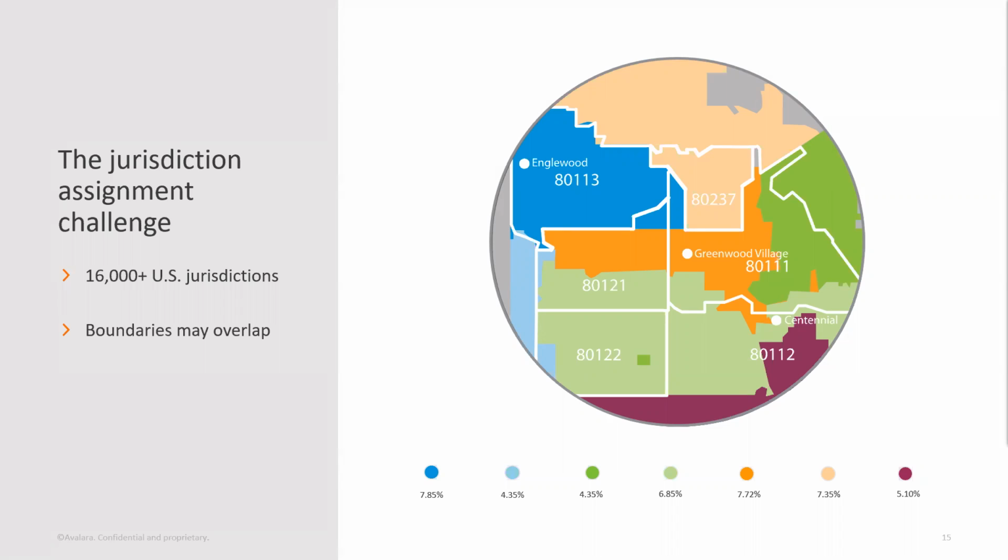80111. It's a zip code in Colorado, and we've got 1, 2, 3, 4, 5 different tax jurisdictions within that same zip code. And there can be all kinds of reasons behind this. One of the biggest ones we see is a transportation tax. I know where I'm at, Raleigh, North Carolina, passed a transportation tax a couple years back.